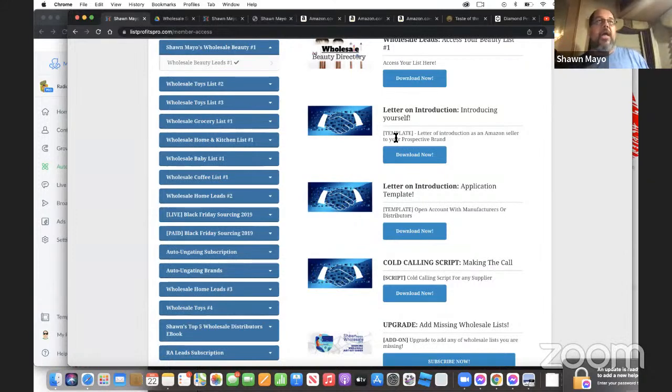So if there's a mistake, an error, or a link changes, we can just go in there and it fixes everything on the fly. As we need to change our letters, we're going to update them in Google Drive for you as well. And those are the exact same letters we use. And I paid people a lot of money to get those.